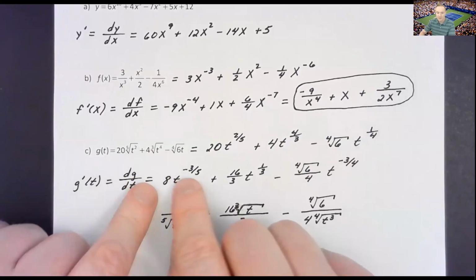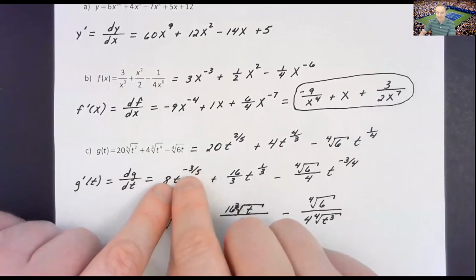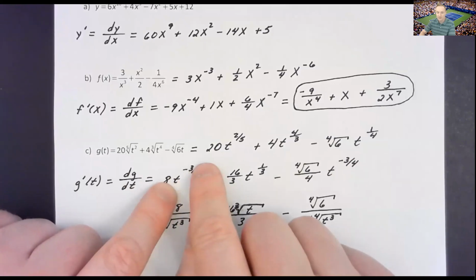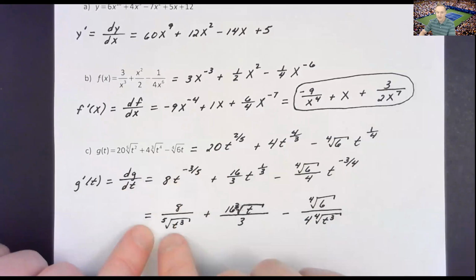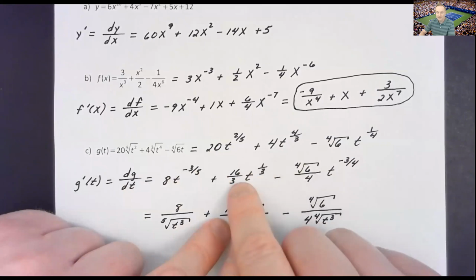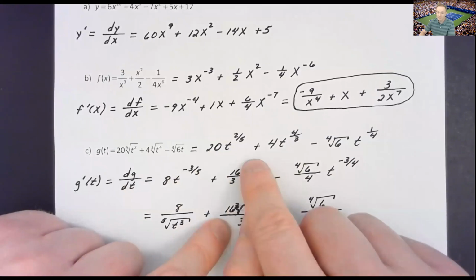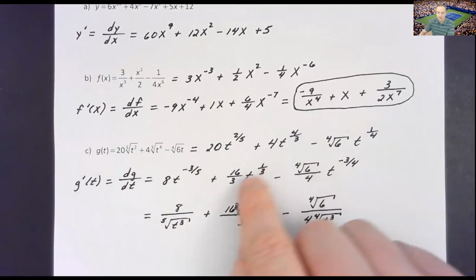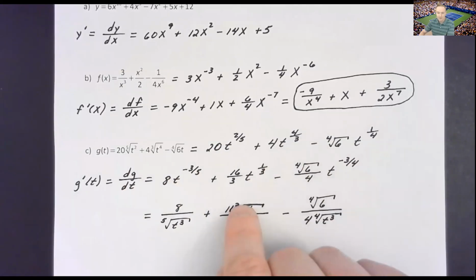So this first one, the fact that I have a negative exponent means that that t belongs in the denominator. It's going to be the 5th root of t cubed in the denominator. So I have 8 over the 5th root of t cubed. My next term here, I have 16/3, and this t belongs in the numerator along with the 16. It's just going to be the cube root of t to the 1st in the numerator. A little sloppy there.